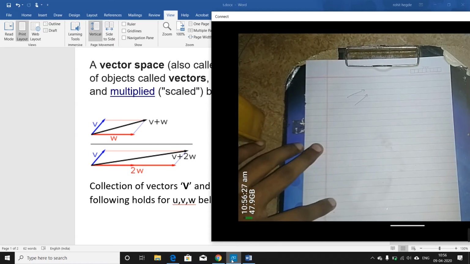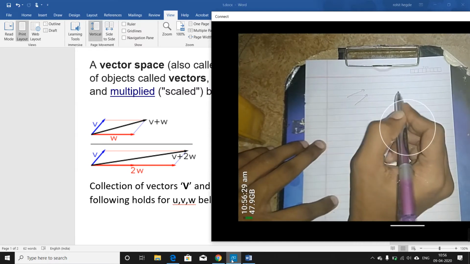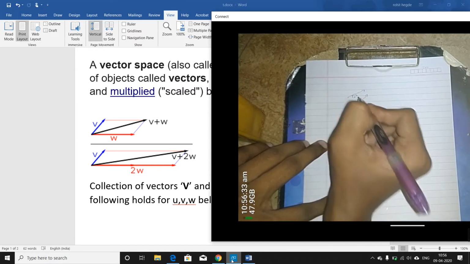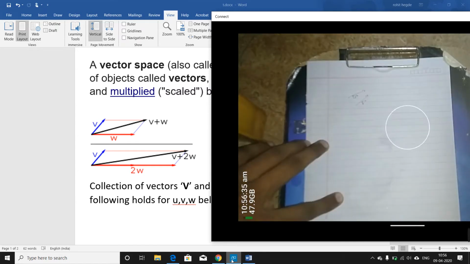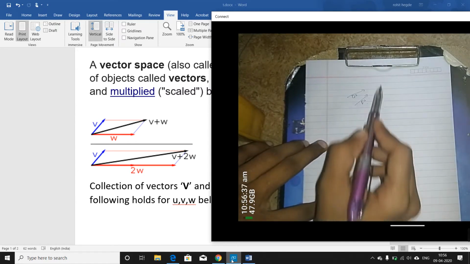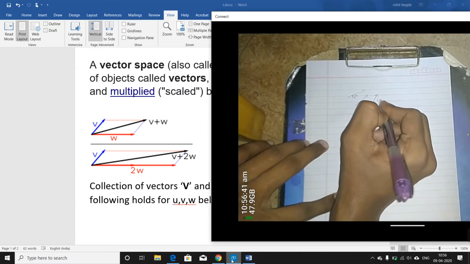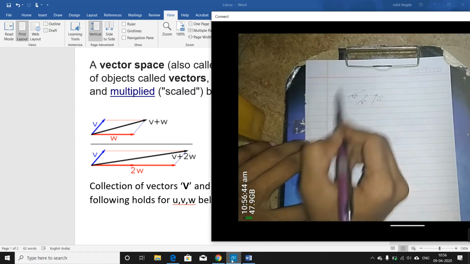You'll come to understand. So if we have many vectors, let's say a u vector and a v vector, and here we will draw a w vector. Okay, this is a vector.